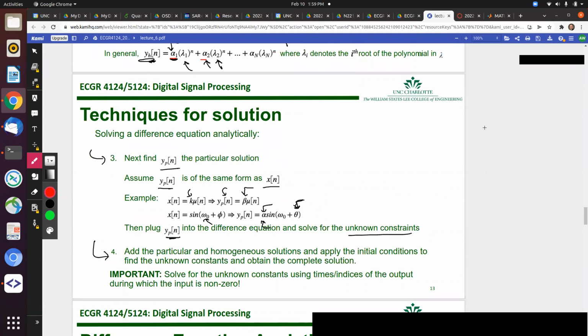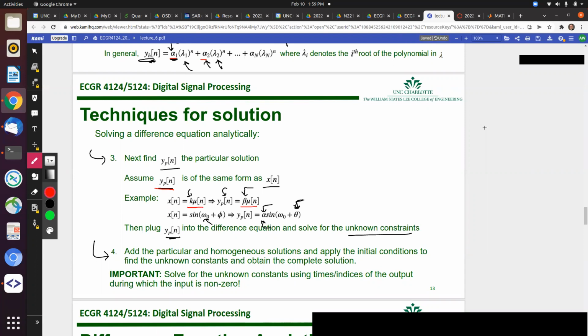After that, we solve for the particular solutions. This is when the form of x is not the delta function. When x is not the delta function, we need to find a particular solution. This is how we do it. We assume that the solution is the same form as the input. So if you add k times the step function, it would be beta times the step function.